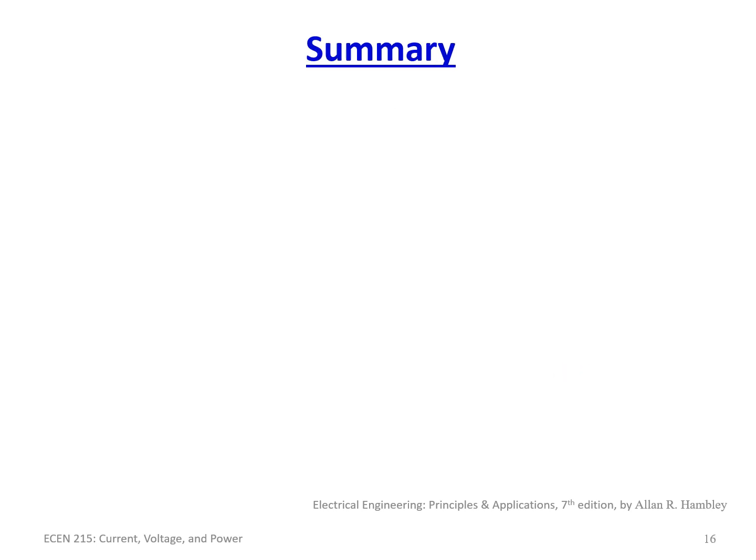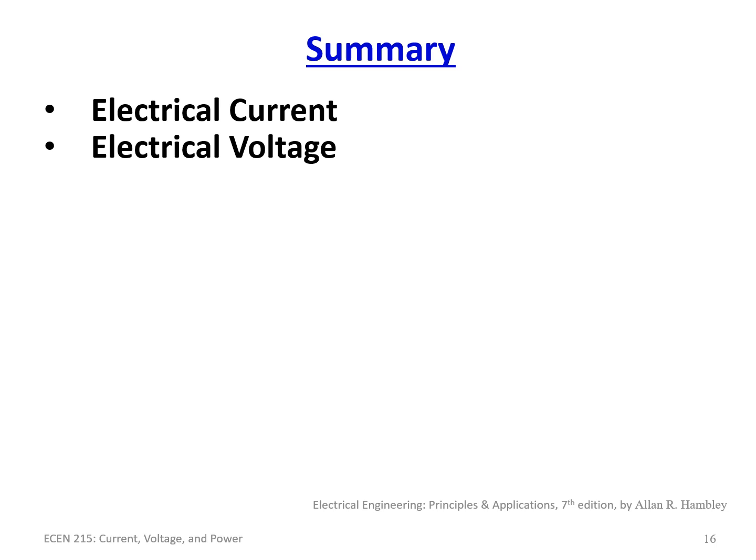So in summary, today we have talked about electrical voltage, electrical current, power, and energy. An electrical current is simply coulombs per second, the time rate of change of charge. Electrical voltage is the amount of energy for the specified amount of charge, so joules per coulomb.